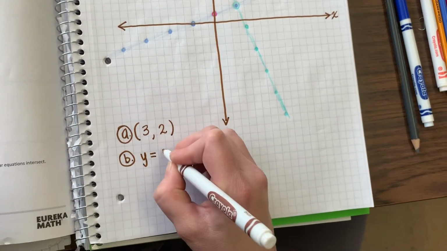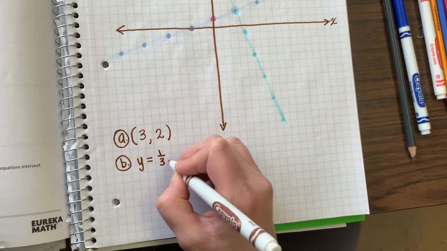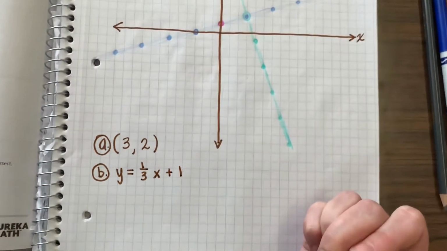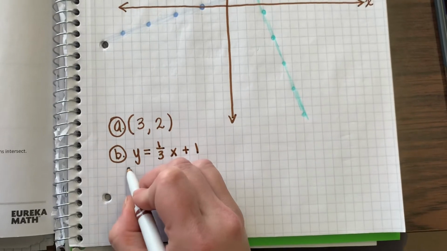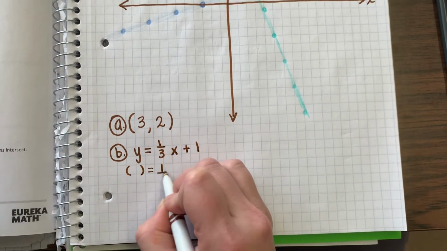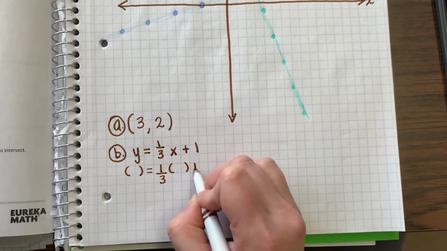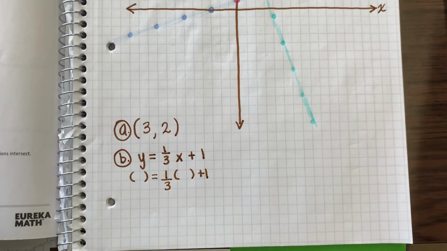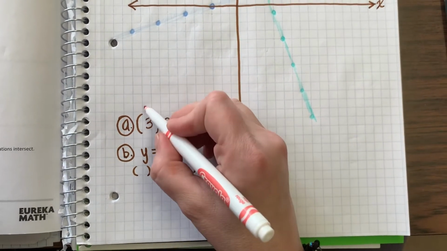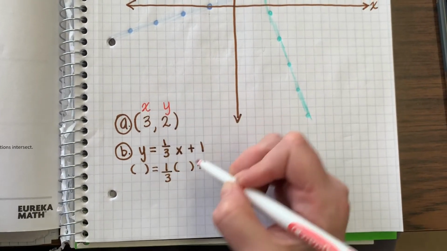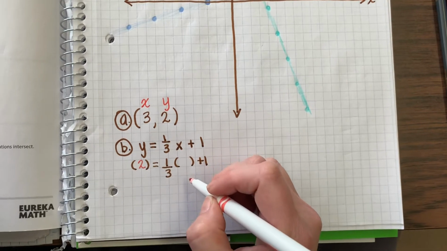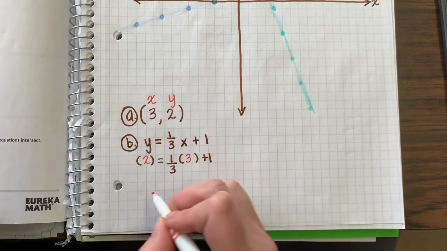Part B says to verify with the first equation that this ordered pair is correct. So we have y equals 1/3 x plus 1. In the place of the x and the y, I'm going to put an open set of parentheses. And now I'm going to insert my x and y that I just got from my point of intersection. In the place of the y, I need to put a 2. In the place of the x, I need to put a 3.